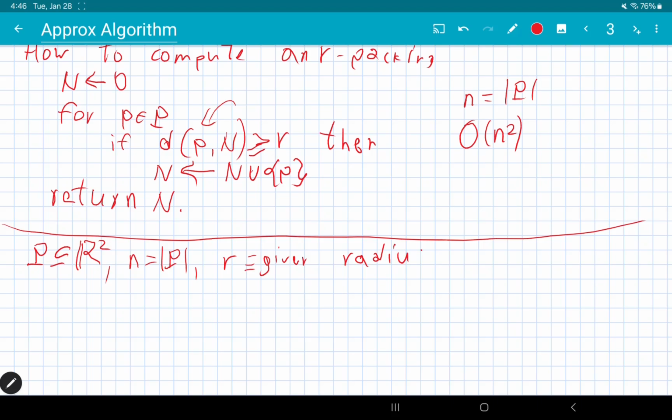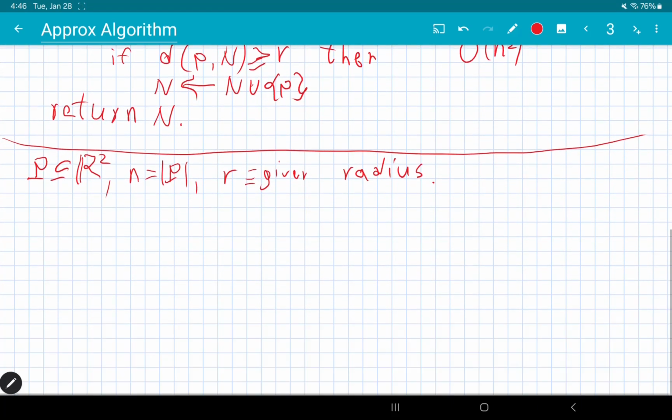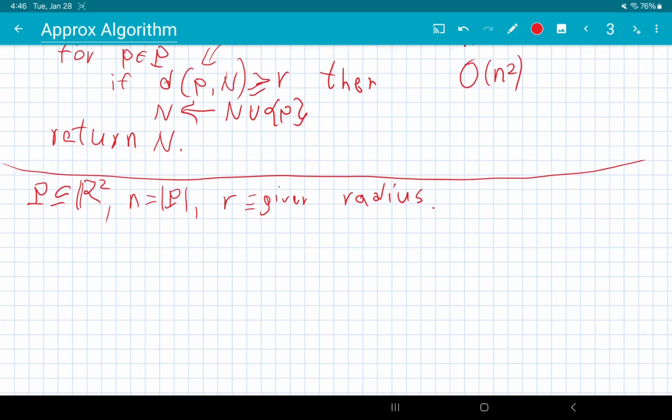And we want to compute a net for P. Okay, so we want to implement the above algorithm, but that's not going to quite work without being a bit more clever, if we want an efficient algorithm.